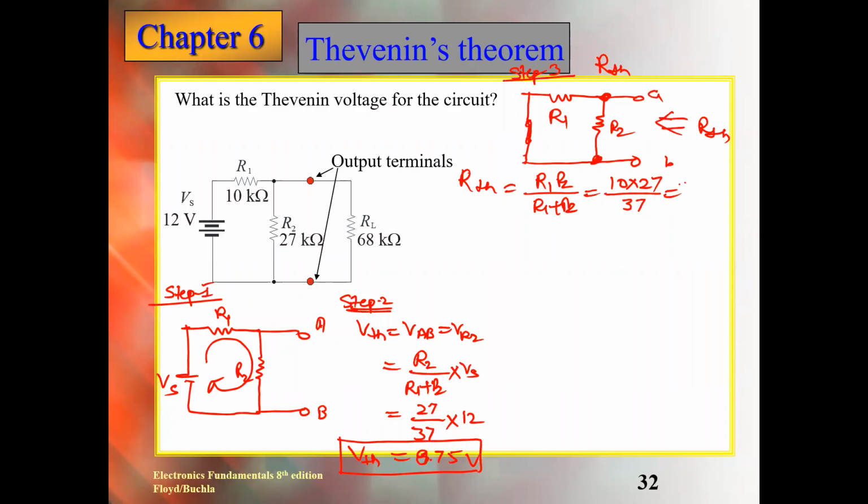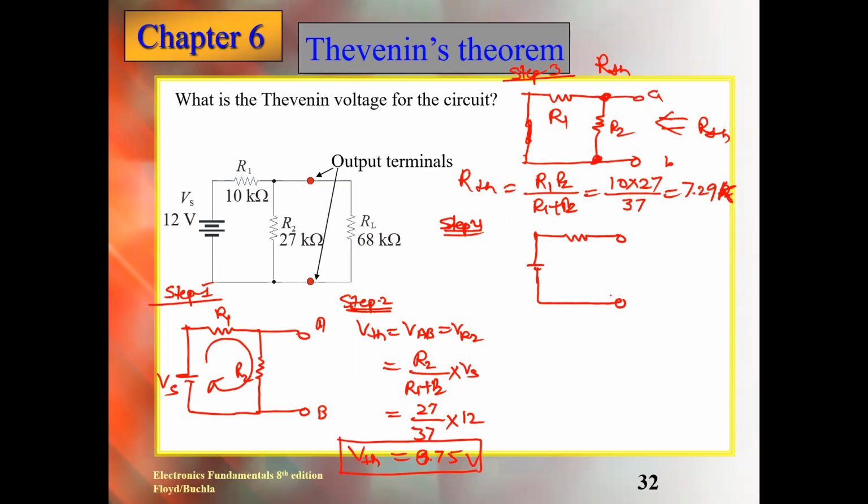7.29 kilo ohm. Now RTH is there, VTH is there. Step 4: we can draw the Thevenin circuit. So this is the Thevenin circuit.